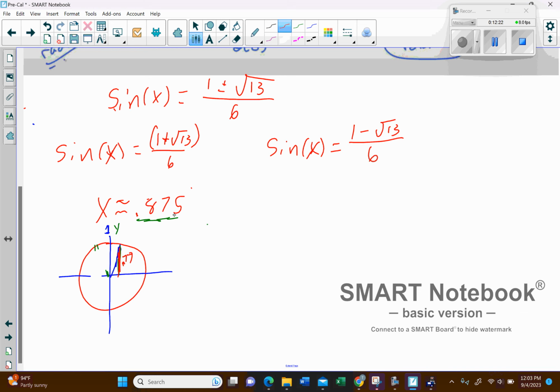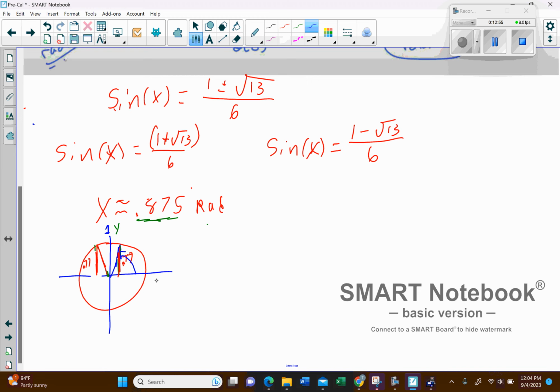And so the angle in radians is 0.875. And so what I was trying to indicate over here, it is over here also. And so the height of that side right there, the y value, is going to be 0.77 also. So that's the height of it. Now, the way that I am going to figure out what that angle is in radians, so see the 0.875 is this angle right here.